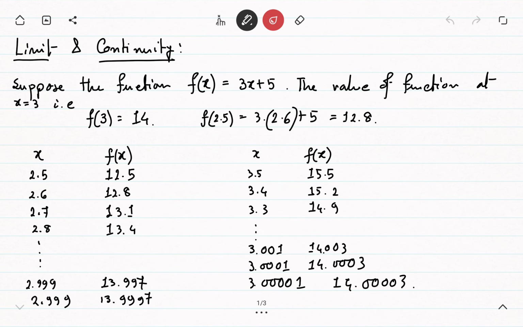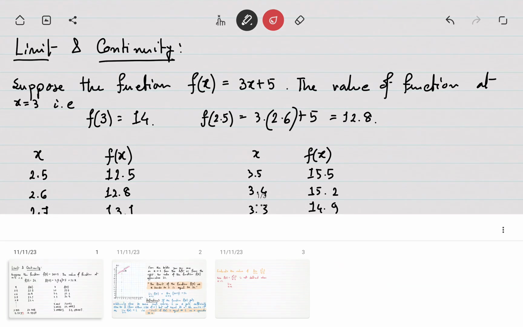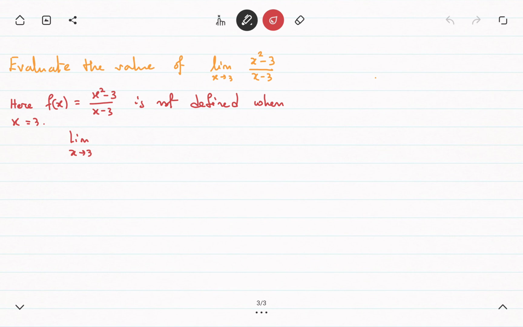So I am taking x approaching 3 from below, like 2.999, 2.9999, and from above, like 3.001, 3.0001.